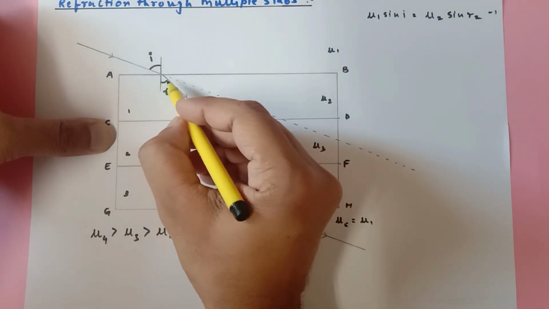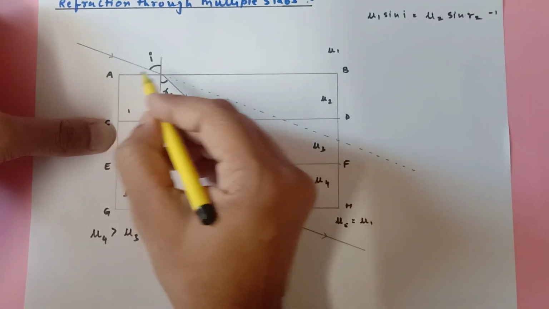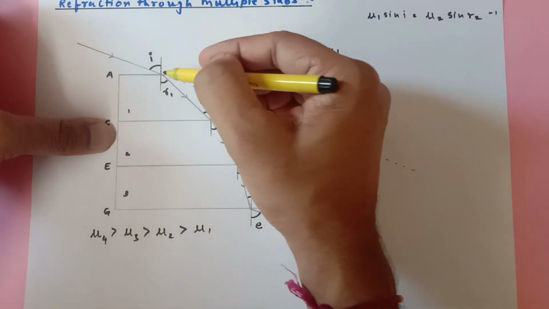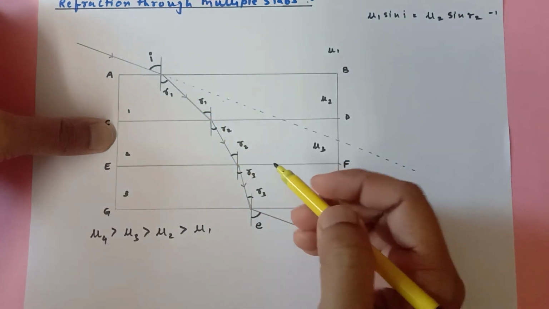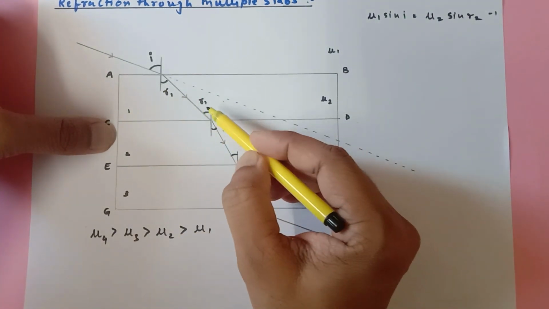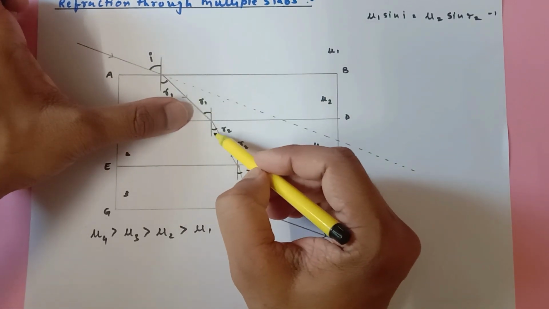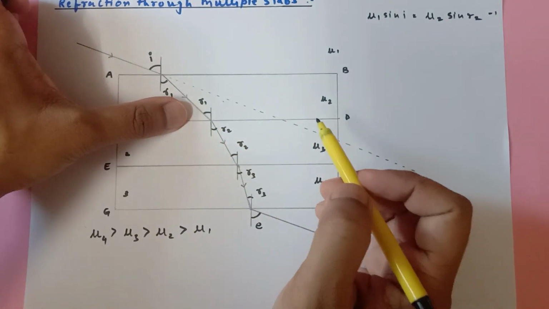As you can see, these two are alternate angles because the normals are always perpendicular to the surface and the surfaces are parallel, so all the normals will also be parallel to one another. So these two angles are equal, and this will be the angle of incidence, and this will be the angle of refraction for surface DC.